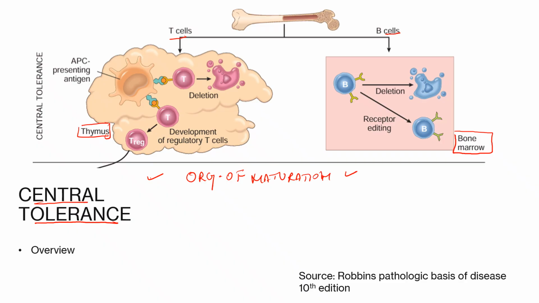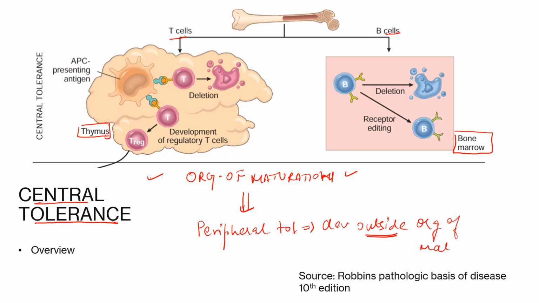Once they leave the organ of maturation, whatever tolerance they develop outside is called peripheral tolerance. So peripheral tolerance is the tolerance that is developed outside the organ of maturation, that is outside the bone marrow and the thymus, and central tolerance is what they develop within the bone marrow and the thymus.